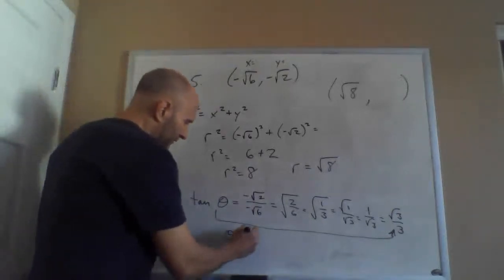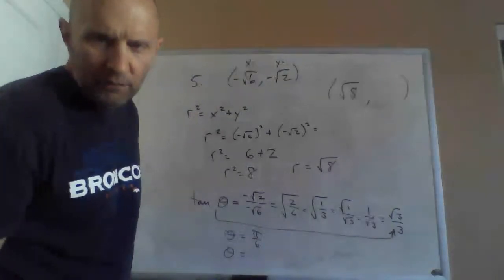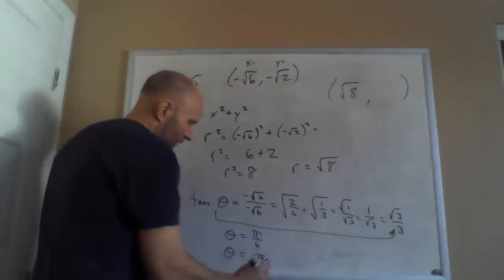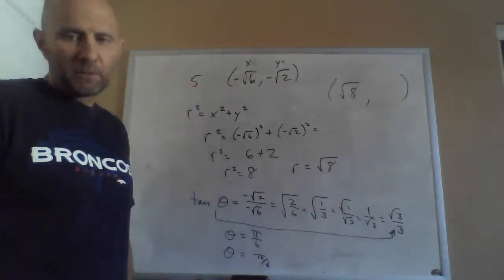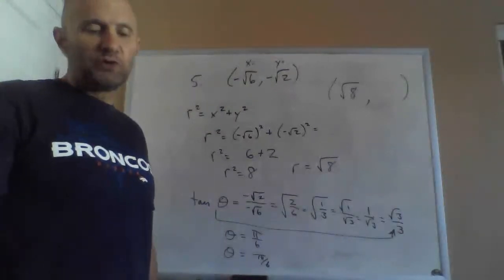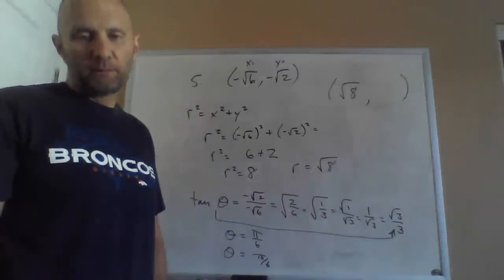So pi over 6 is 1. And 7 pi over 6, yes. So I have 2 options. So again, it's pi over 6, 7 pi over 6. So which one do I choose? Doesn't matter. Can I just put any one in that I want?